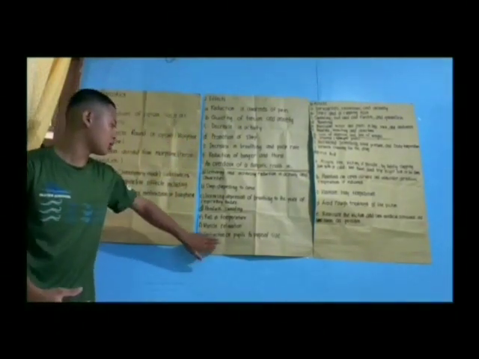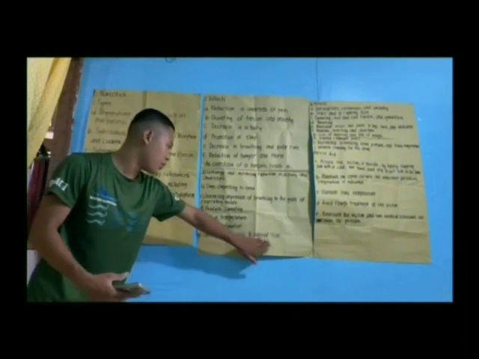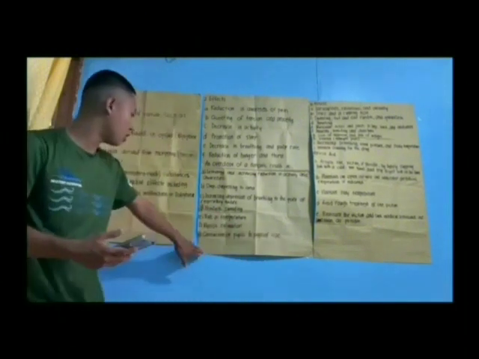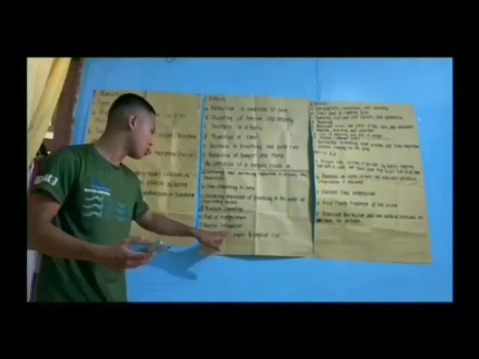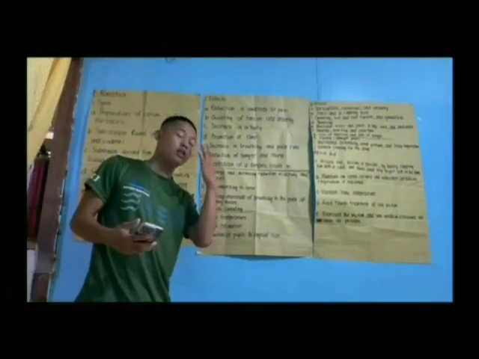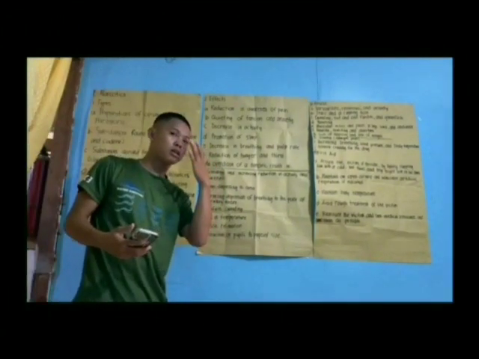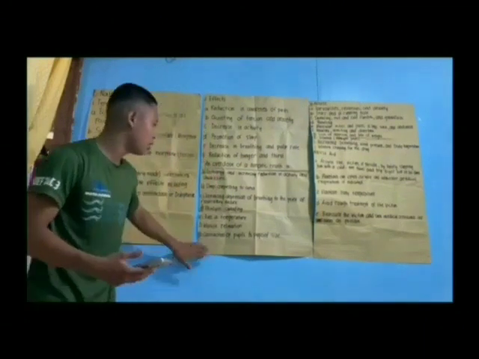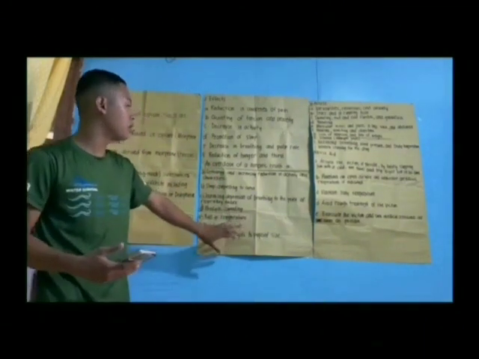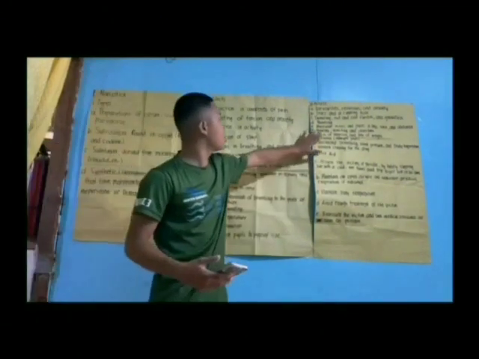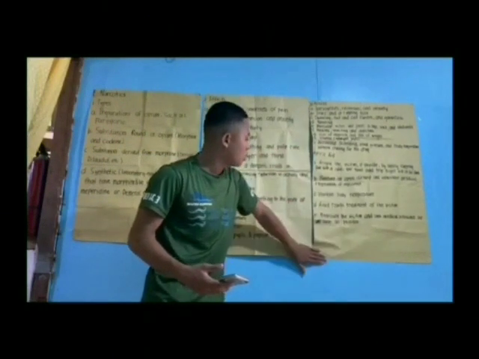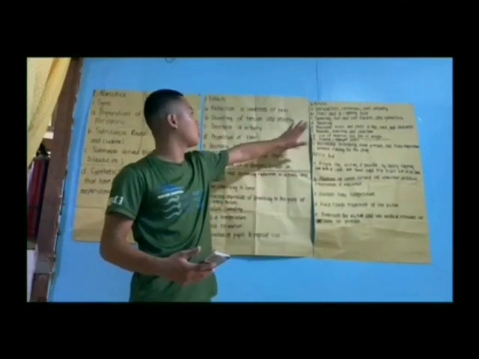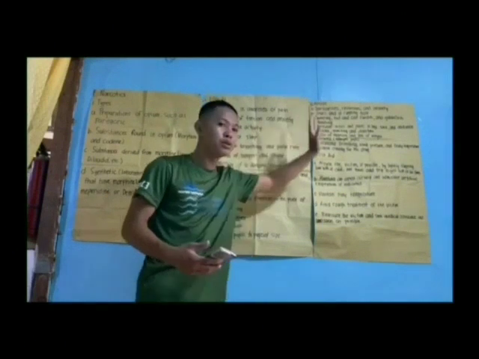Then contraction of pupils to pinpoint size, so the dark part of the eye becomes very small. Then these are the possible effects of narcotics if you abuse them.